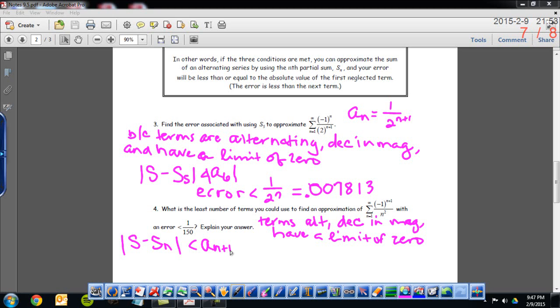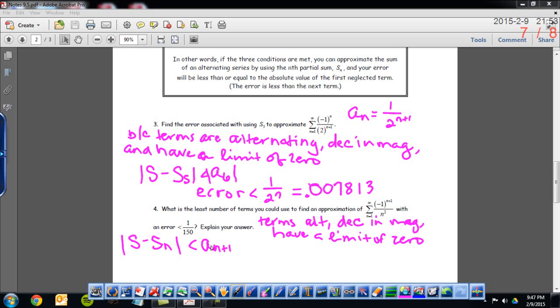So on this problem, we have to think kind of backwards a little bit. The a sub n is 1 over n squared. So we need to think what value of n would give us a number that's just a little bit smaller than 1/50th.